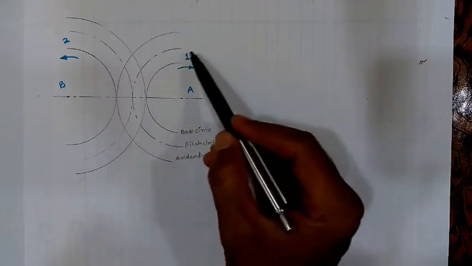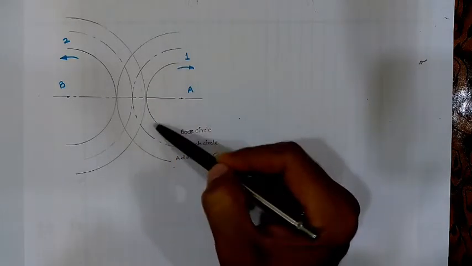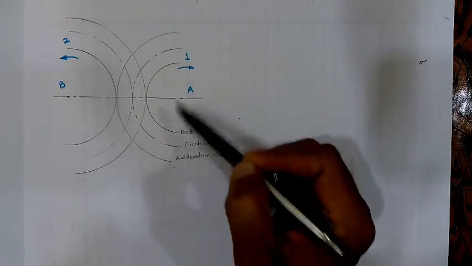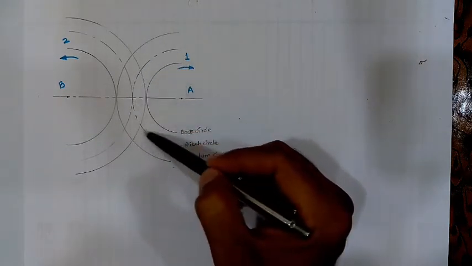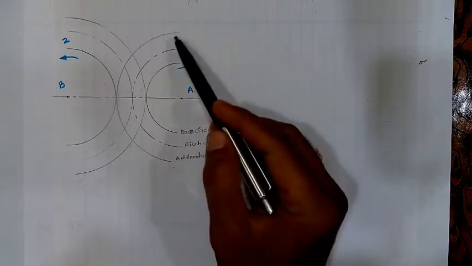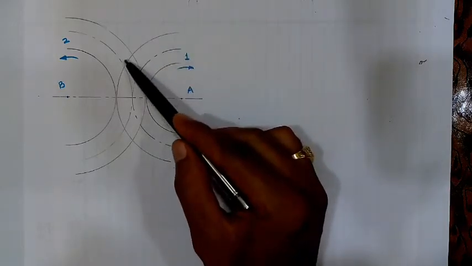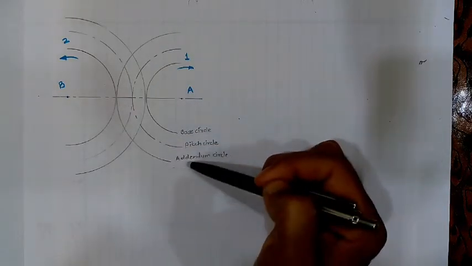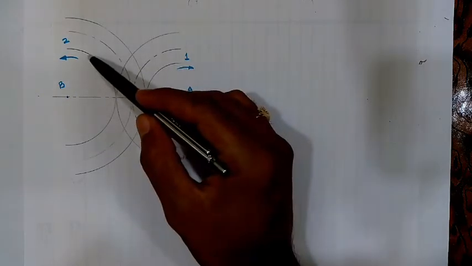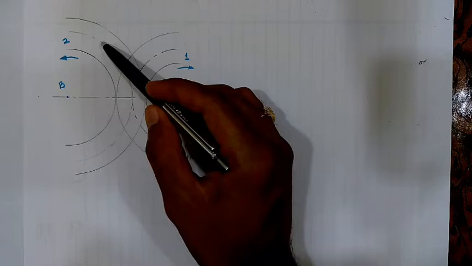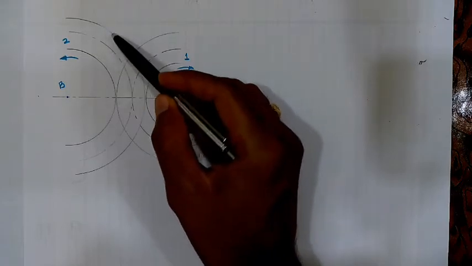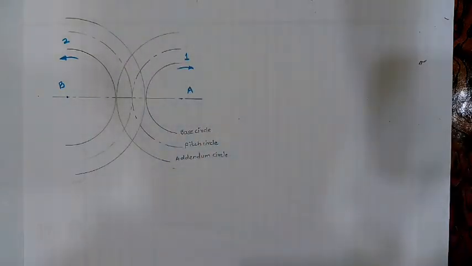The smallest circle of the pinion is the base circle, then the circle shown by the center line is the pitch circle, and the bigger one is the addendum circle. Similarly, the base circle of the gear, the pitch circle of the gear, and the addendum circle of the gear.